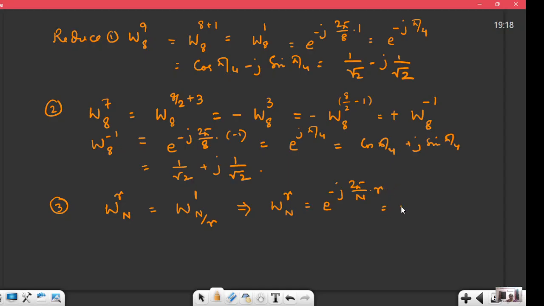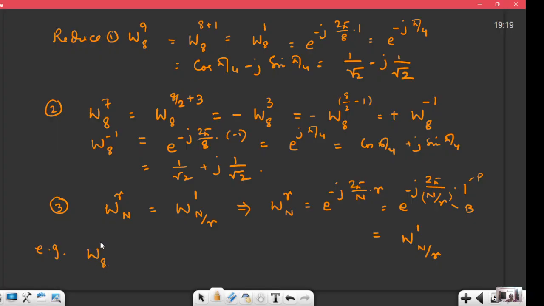We can take r down, so 2 pi divided by n by r, multiplied by 1. So this is the power and this is your base. So it is equal to W1 n by r.